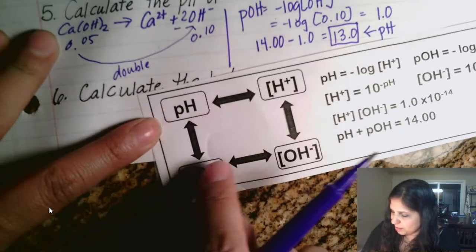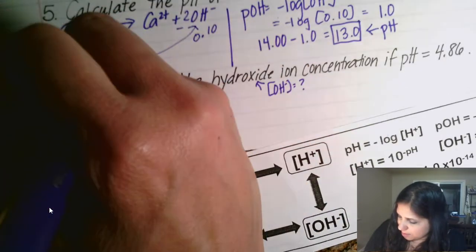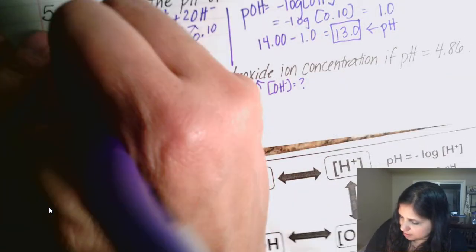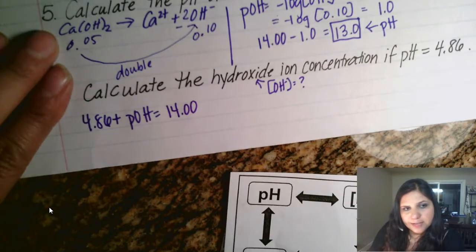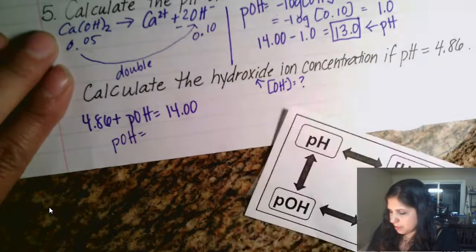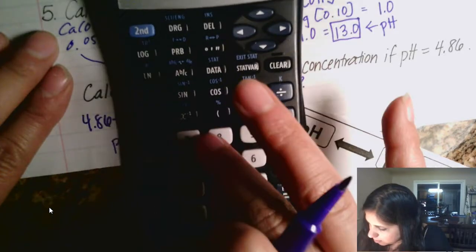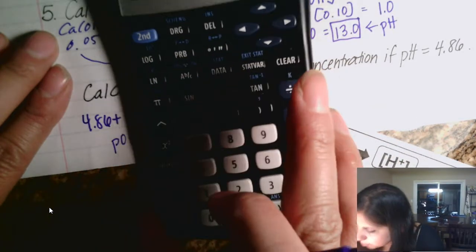So pH to POH. So pH plus POH is 14. So that means that 4.86 plus POH equals 14. Alright, so if that's true, then POH is equal to 14 minus 4.86. And that's 9.14.